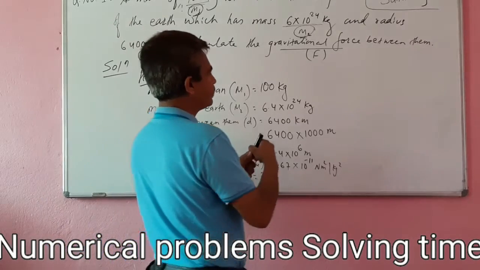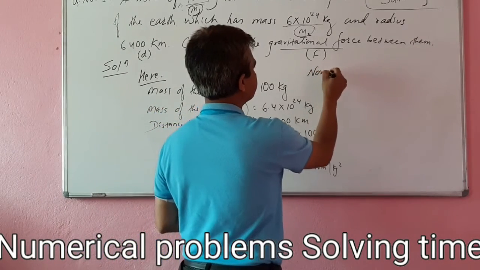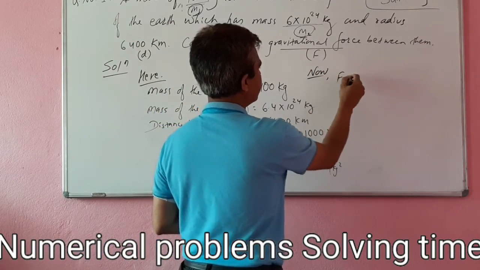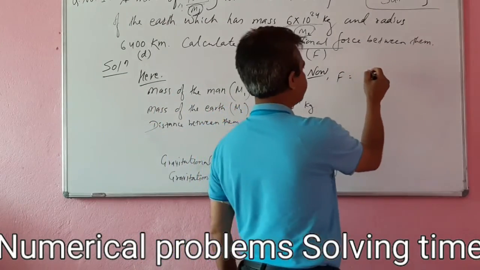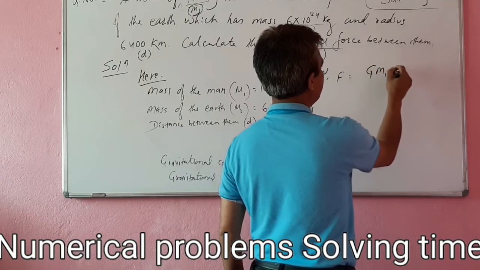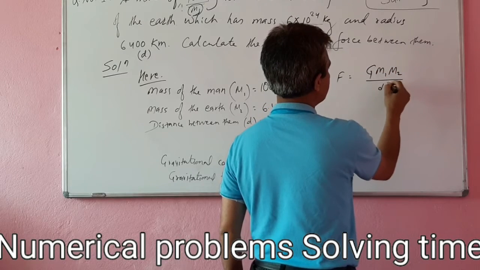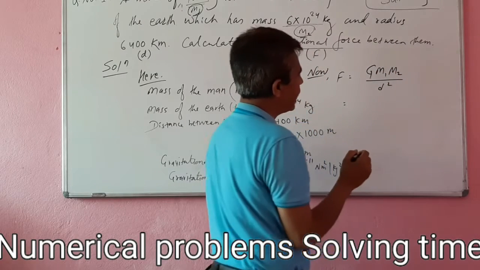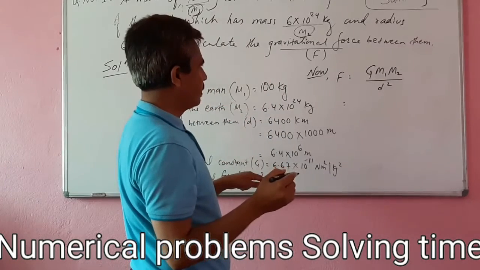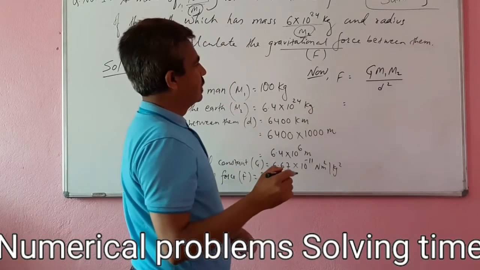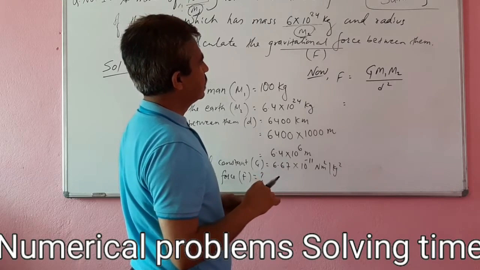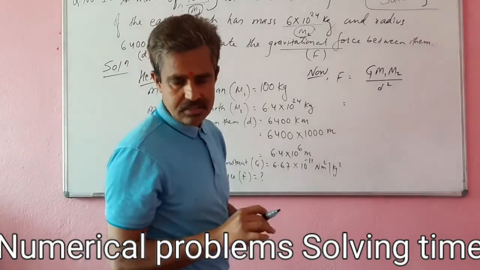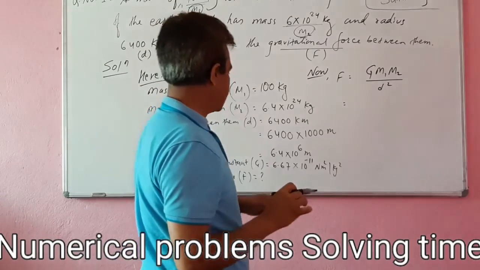Now, what is the formula? F equals G M1 M2 by D square. This formula was first derived by the greatest scientist Sir Isaac Newton.